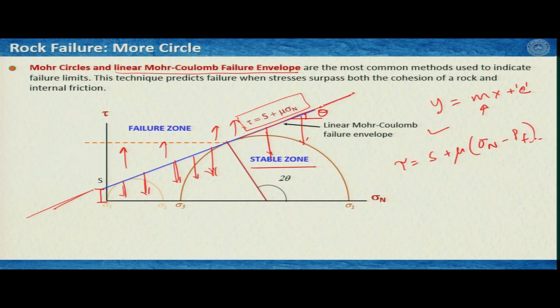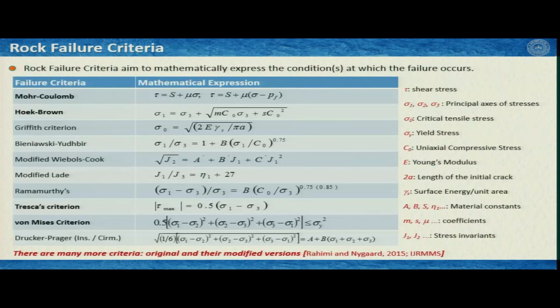Okay. So, this is one type of failure criteria: if the stress is above this line, then we fail the rock, we produce the fracture in the rock, and if it is below, we do not produce the fracture in the rock.